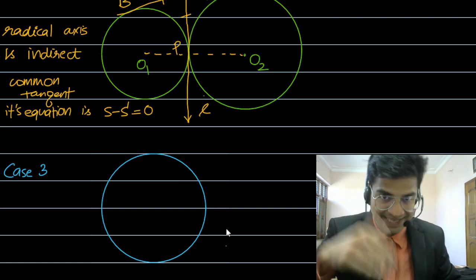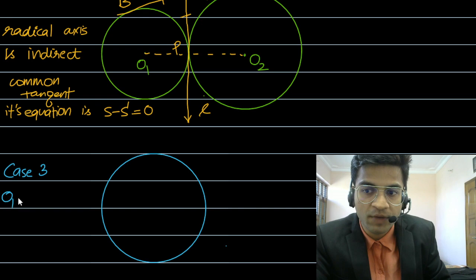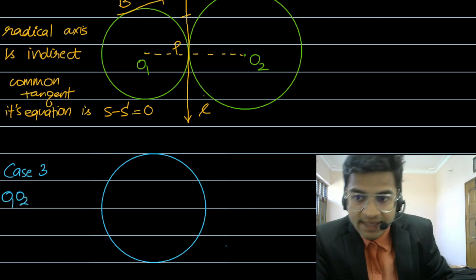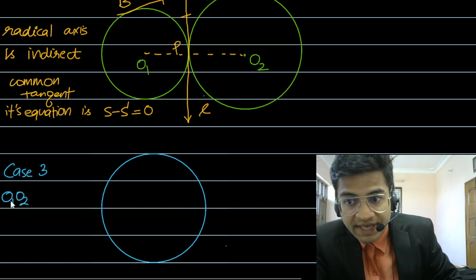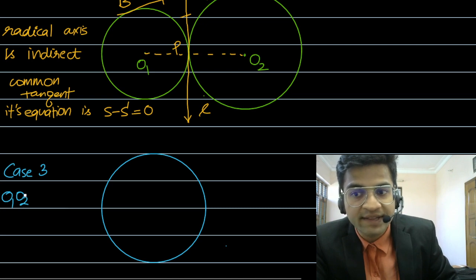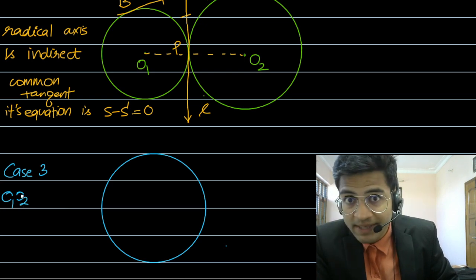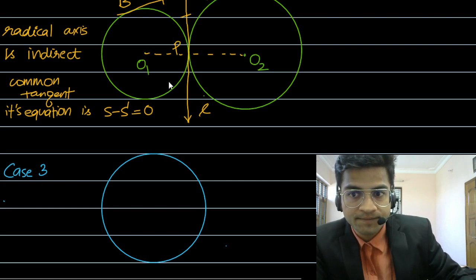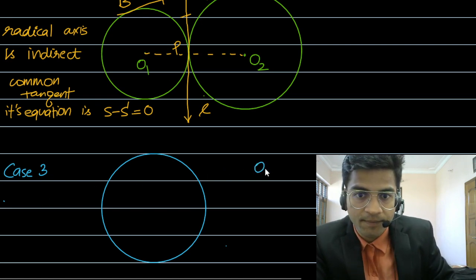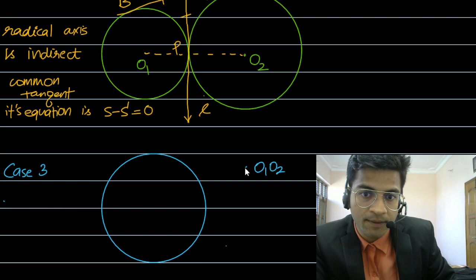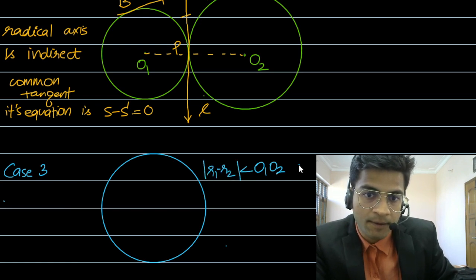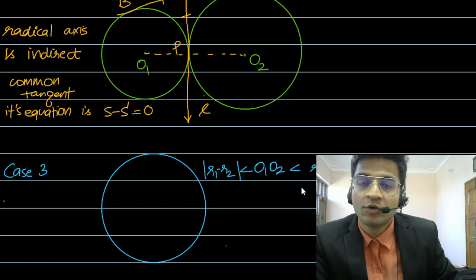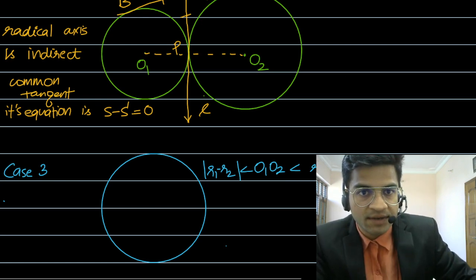I hope it is clear to everyone that O1 O2 is greater than mod of R1 minus R2 but less than R1 plus R2. Two circles are intersecting each other, right?